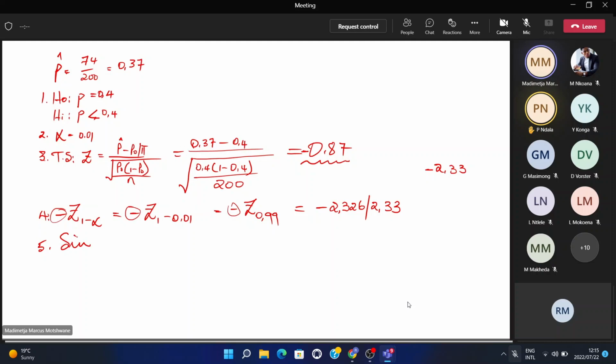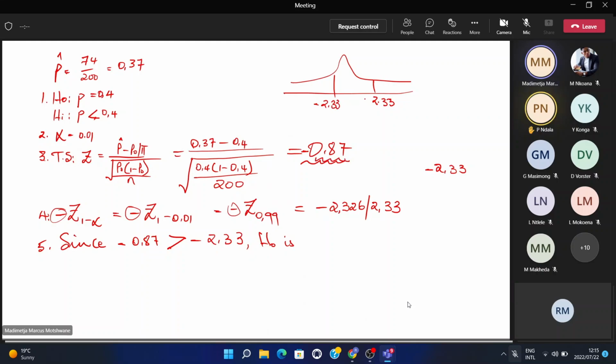All right, so let's see. What is the calculated value? Negative 0.87 is bigger than negative 2.33. What do we do with the null hypothesis? I always do my little diagram, then it gives me correct answers. The critical values, 2.33 here, and this side, negative 2.33, and I want to locate my answer. Negative 0.87 will come here, and it is in the acceptance region.